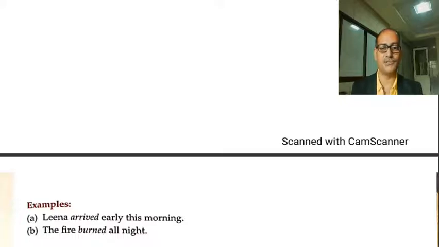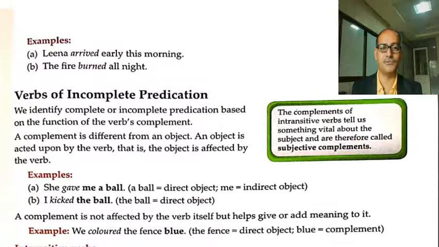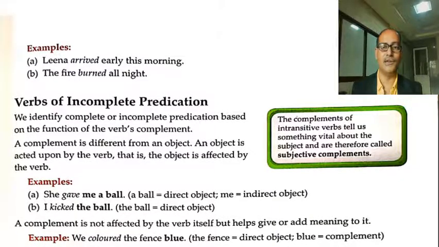Some examples of intransitive verbs we can discuss over here, dear students. You can see that Lena arrived early this morning. Here no object is there. Arrival of Lena has not affected something. Only early this morning she came, that is another thing.